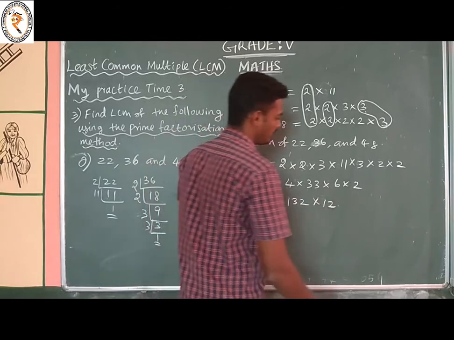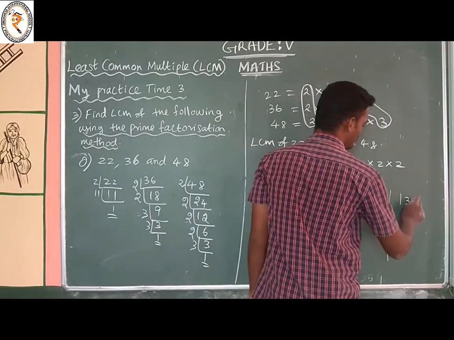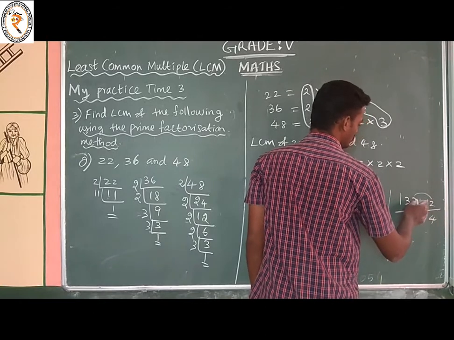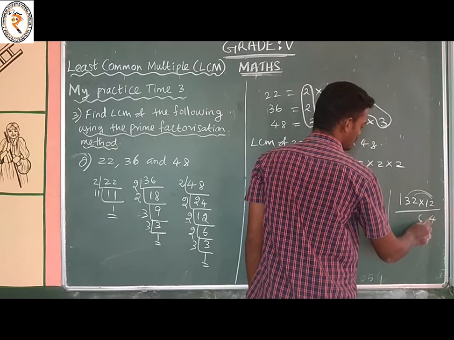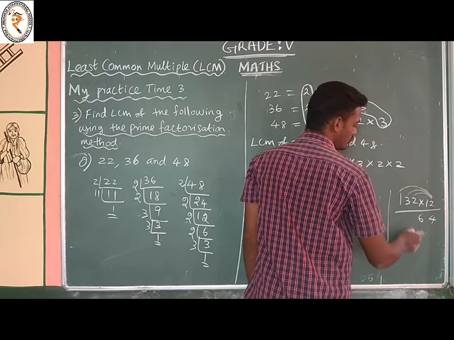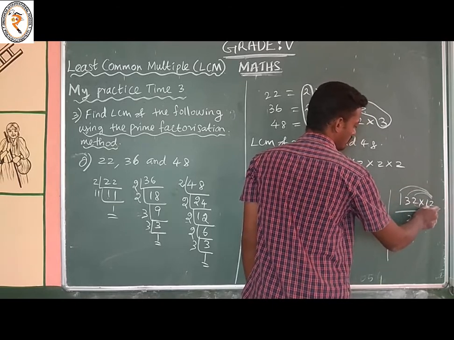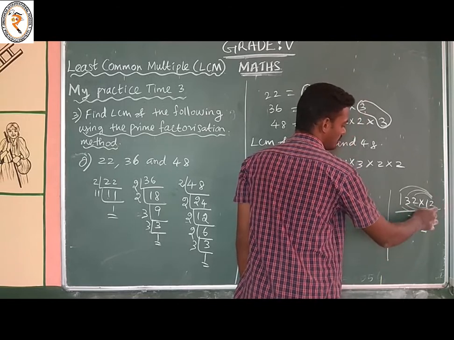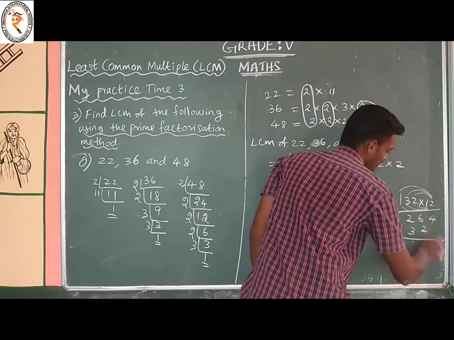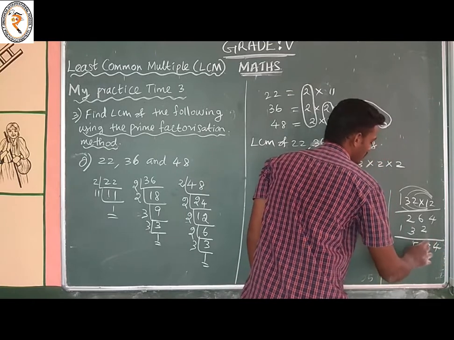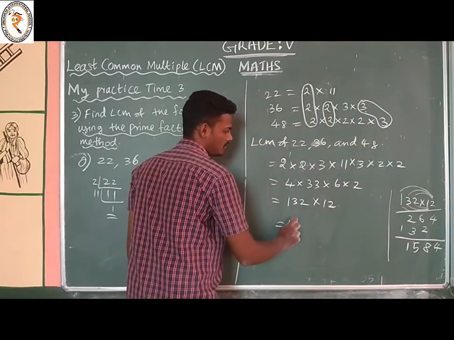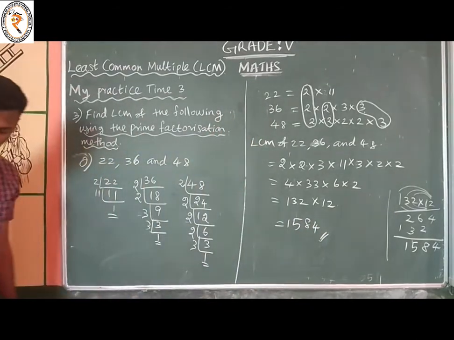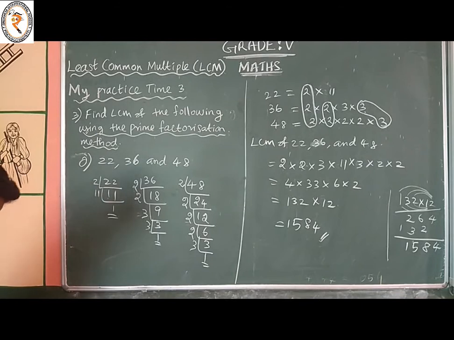So multiply 132 into 12. 2 2s are 4, 3 2s are 6, 1 2s are 2, then 1 1s are 1, 3 1s are 3, 1 1s are 1. So final answer is 1584.